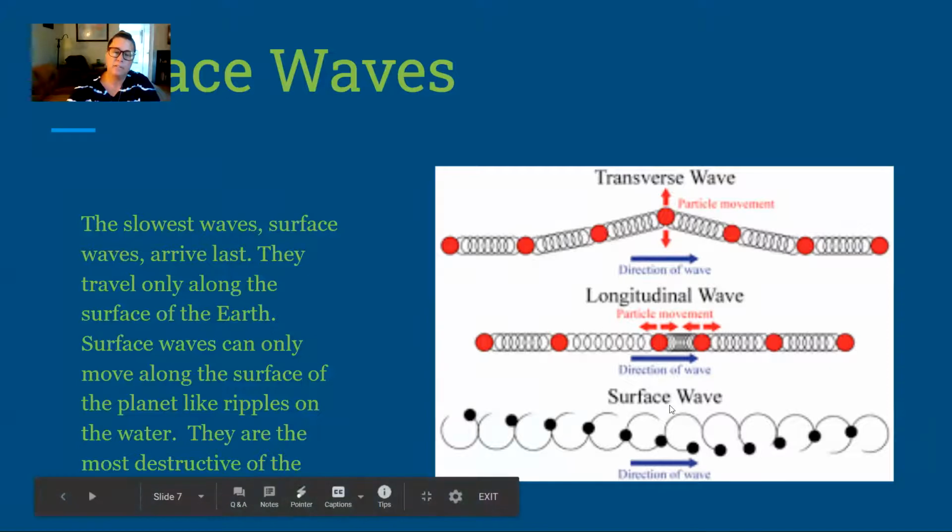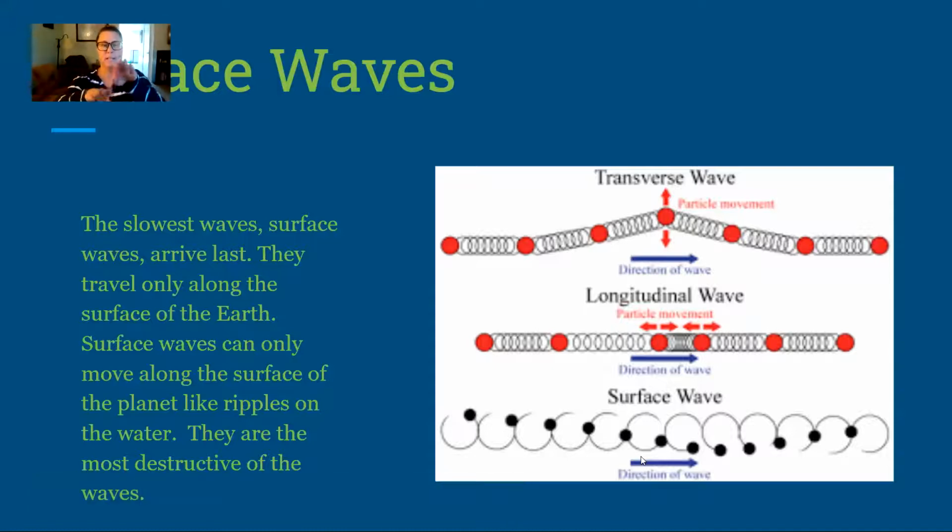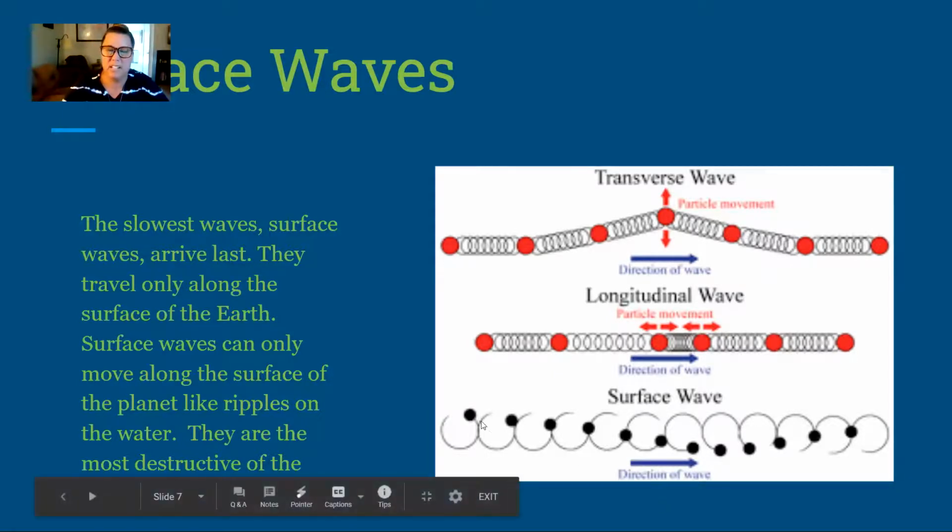And then we have our surface wave, and it's kind of difficult to see what this is doing here, but it's going in an elliptical orbit, kind of like an oval. You'll see it in the video, but it moves in an elliptical way.